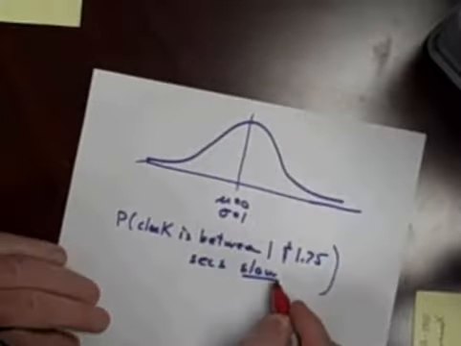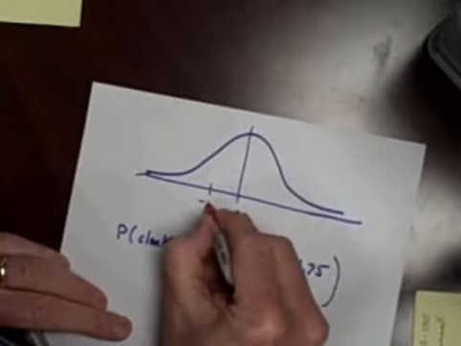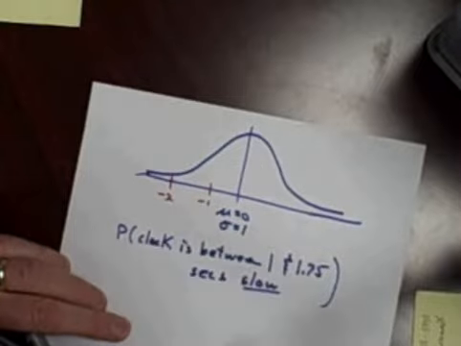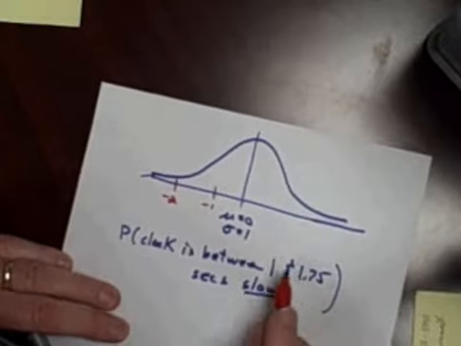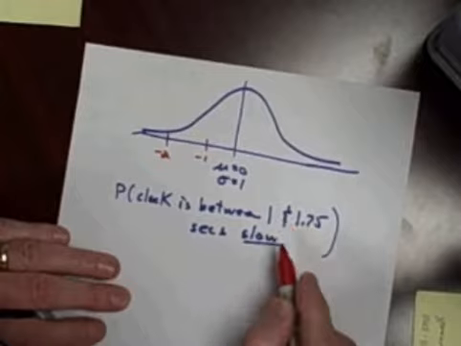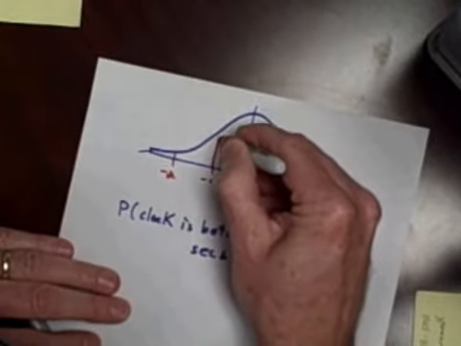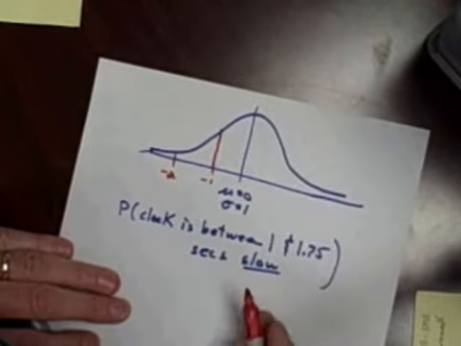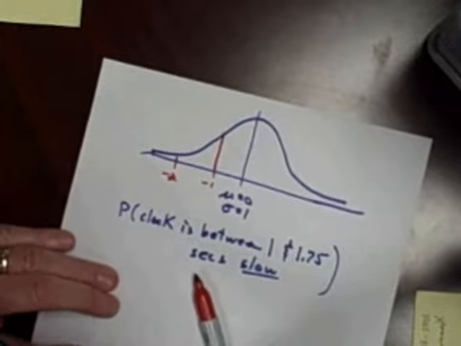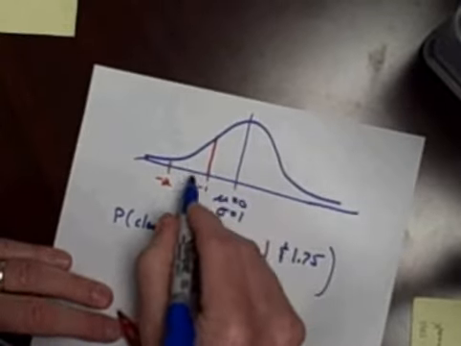If we go out to the left, since we're talking about the slow end, this is -1 and this is -2. So if I'm talking about between 1 and 1 3/4 seconds slow, my boundary line is right here at -1, and my other boundary line is right here at -1 3/4.